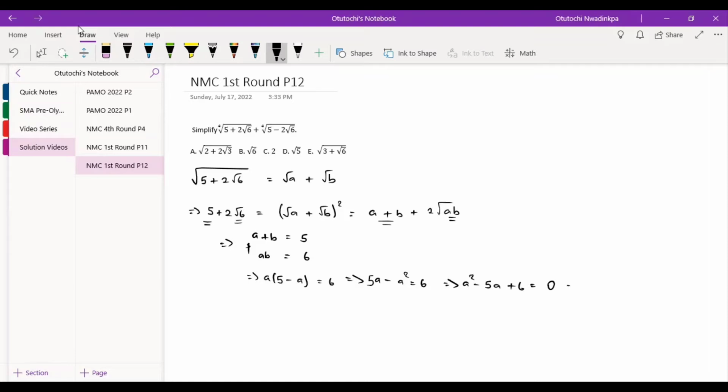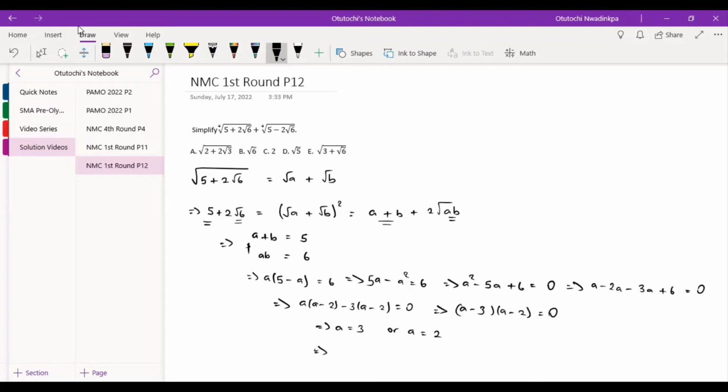Now, of course, this implies that a squared minus 2a minus 3a plus 6 is equal to 0, which is going to imply that a times a minus 2, minus 3 times a minus 2 is equal to 0, which implies that a minus 3 times a minus 2 is equal to 0, which is going to imply that a is equal to 3 or a is equal to 2.